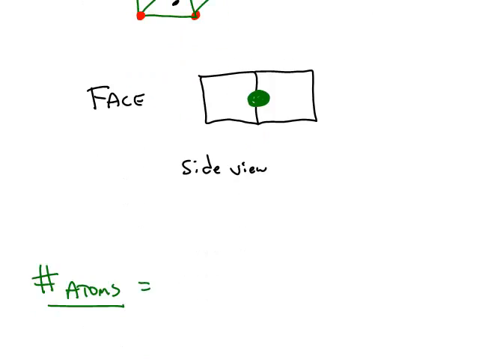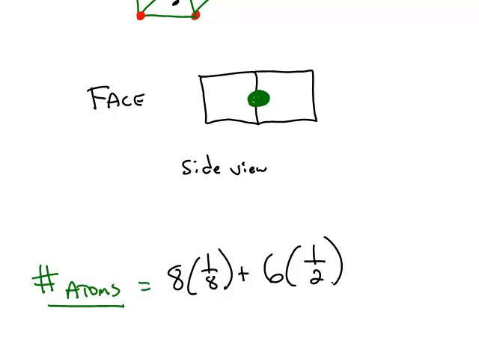So the number of atoms: we have 8 on the corners that count 1/8, and then we have 6 on the face. Each one is in 2 unit cells. So this is a total of 4 atoms in a face-centered cubic unit cell.